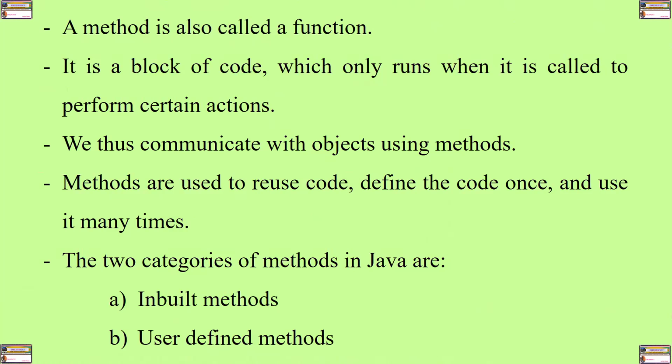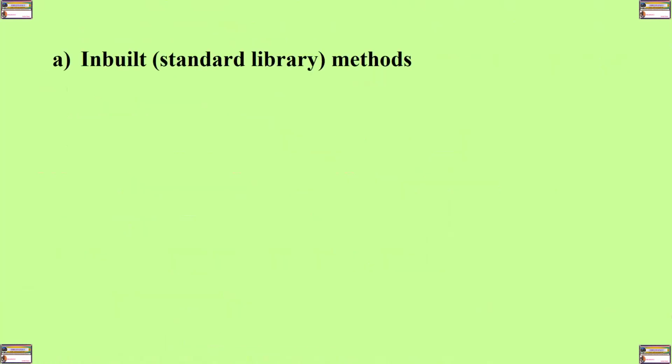And therefore, we are saying that there are two types of methods: the inbuilt methods and the user-defined methods. So, what is an inbuilt method? An inbuilt method is also called a standard library method.